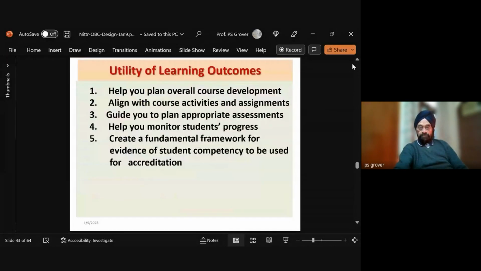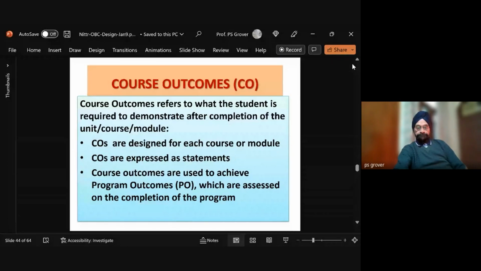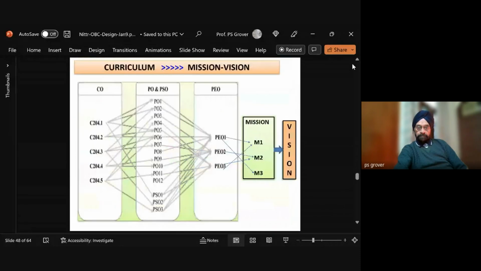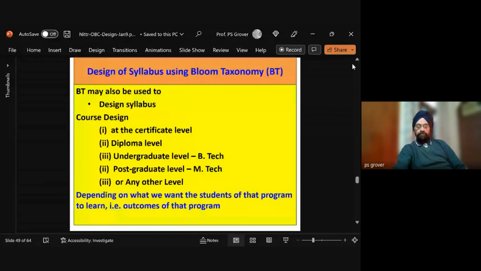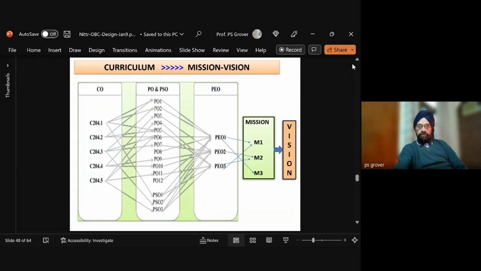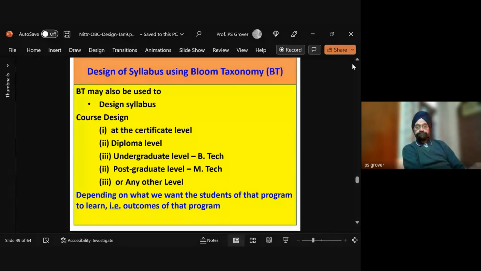Now, when I ask how do I write these things, I use Bloom taxonomy. I use Bloom taxonomy to prepare course outcomes, and Bloom taxonomy is used to prepare the syllabus, the level of the syllabus in terms of student first year, second year, third year.